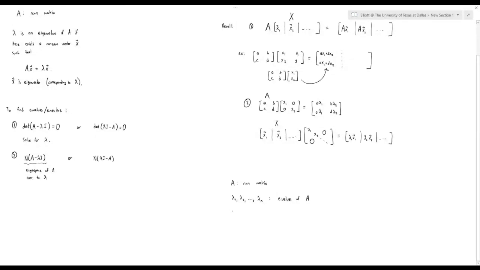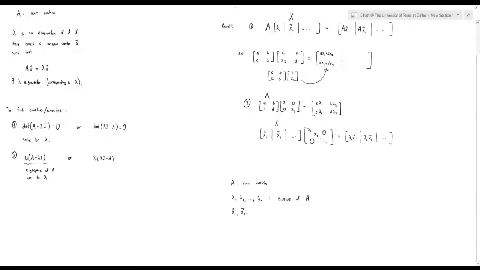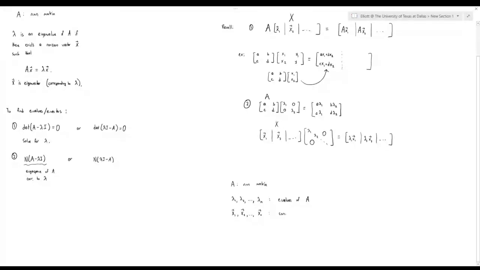And then let's say x1, x2, and so forth are the corresponding eigenvectors.